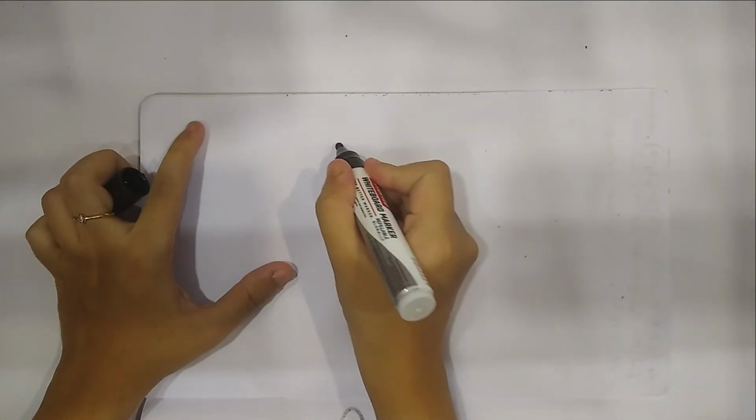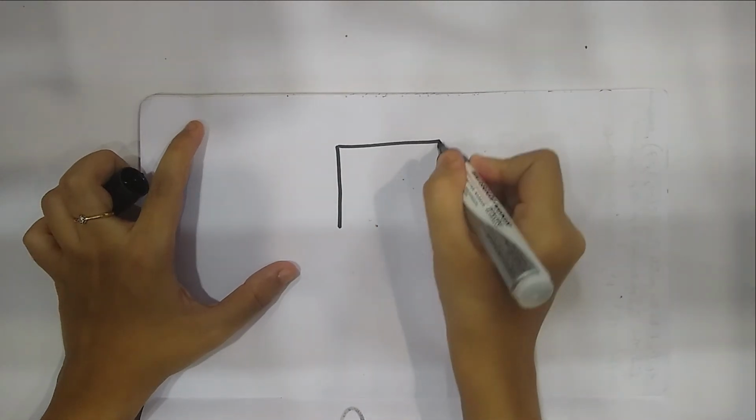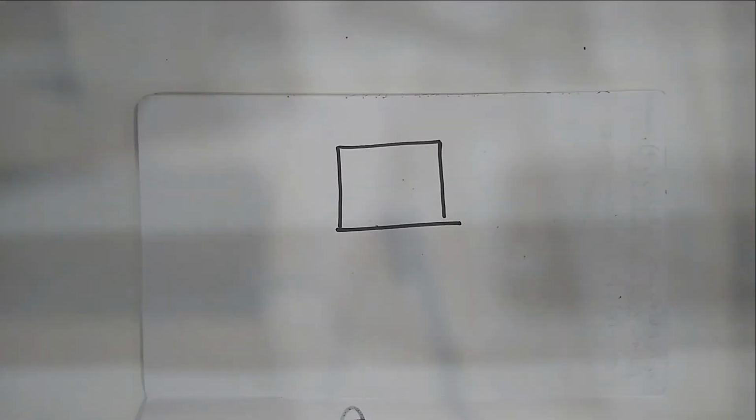So let us just draw a square. Alright. So what do you know about squares? One thing is that all the sides should be equal.